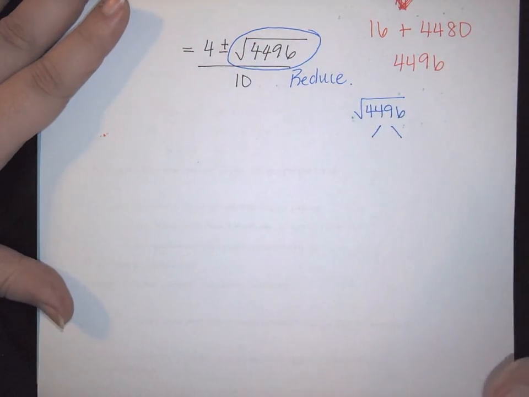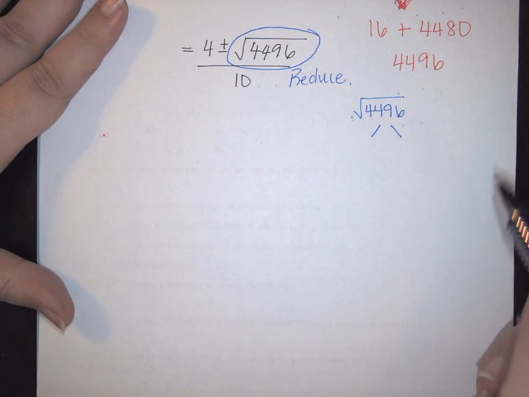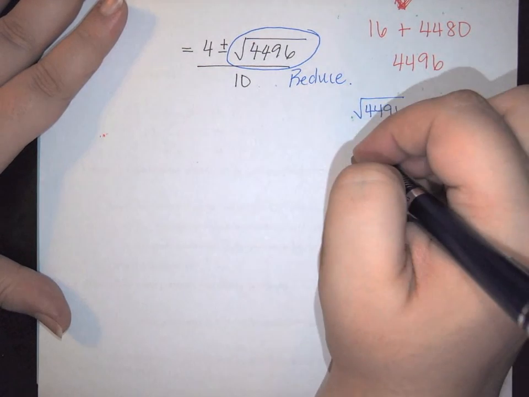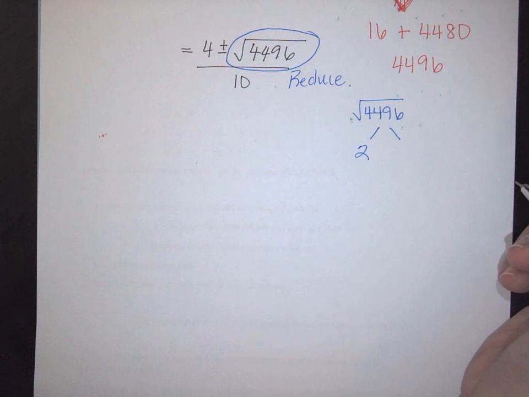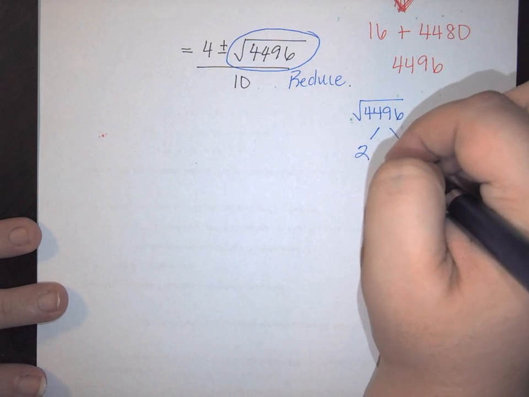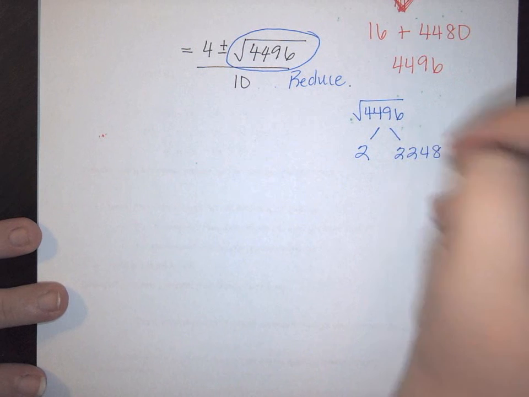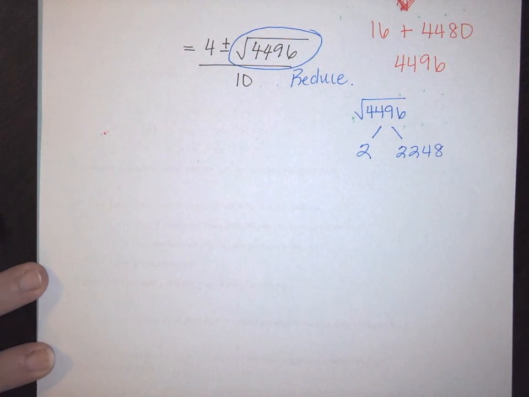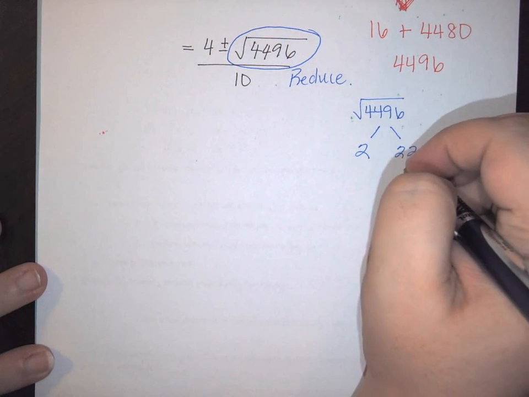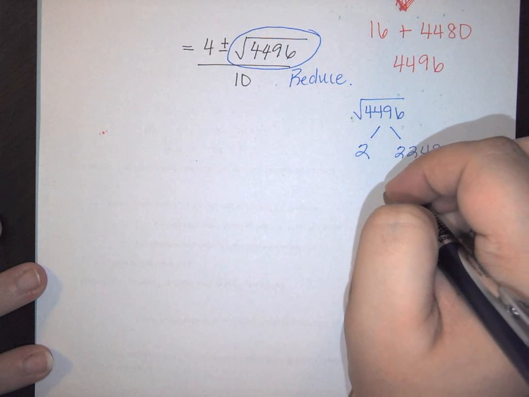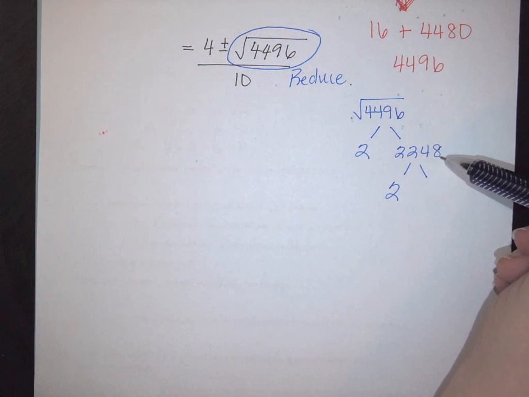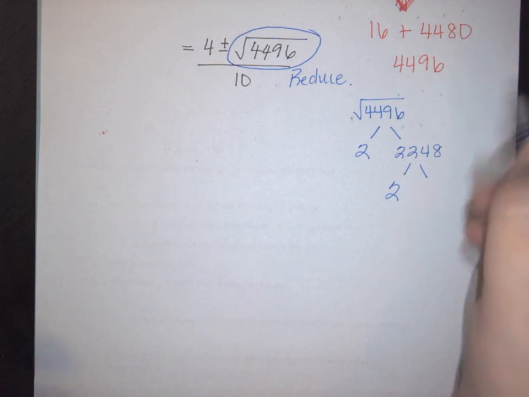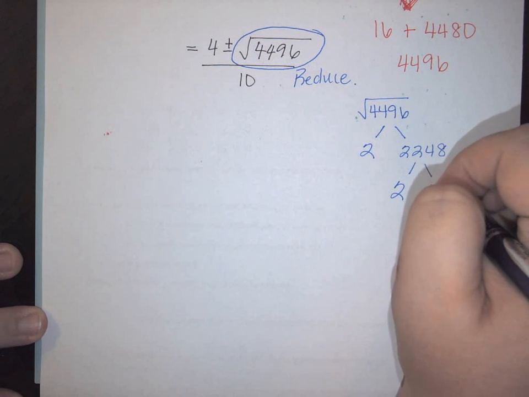First and foremost, I can reduce the easy way. I know I can pull a 2 out, and when I do that, I end up with 2248. Now at the moment that doesn't work, so I need to keep going. I can pull another 2 out because the number's even, and I end up with 1124.